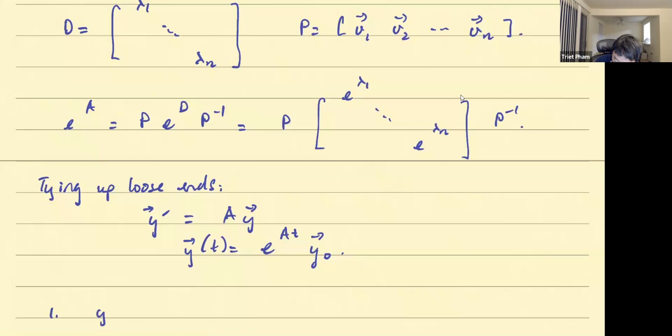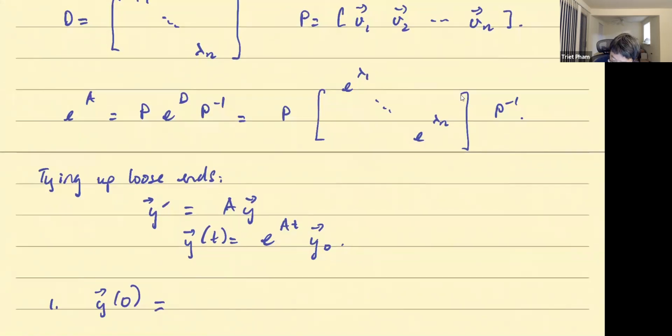First, we need to check the initial condition works. The initial condition is e to the zero matrix, and this is a zero matrix, not the zero value, times y0. But e to a zero matrix, as you can easily verify, is the identity. So that's the identity times y0, which is y0. So the initial condition checks out.